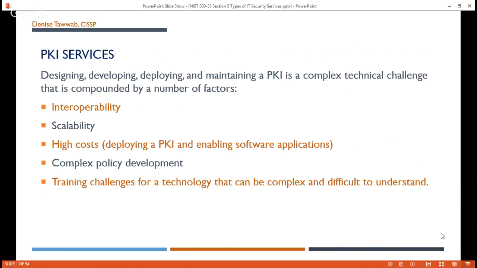Okay. PKI services, what falls under that? Designing, developing, deploying, and maintaining a PKI is a complex technical challenge that is compounded by a number of factors: interoperability, scalability, high cost, complex policy development, and training challenges for a technology that can be complex and difficult to understand.